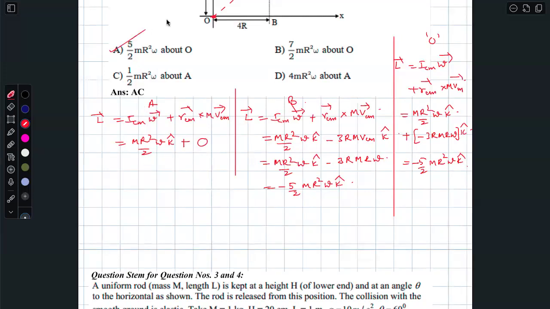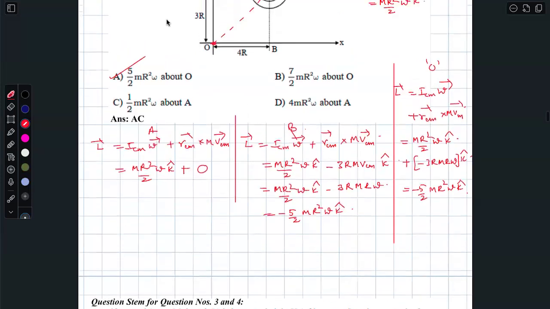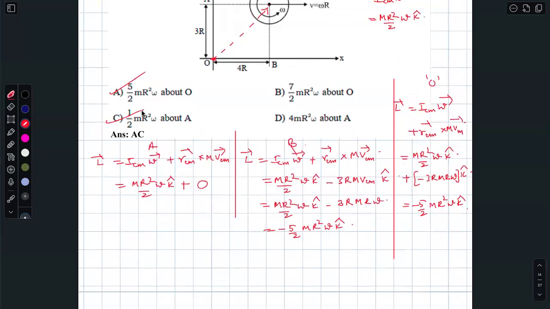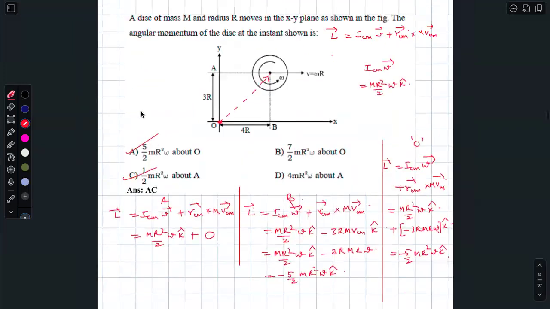So 5 by 2 MR square omega about O, about B, and MR square by 2 omega about A. Now please confirm, have you understood clearly these steps? Yes or no? Sure.